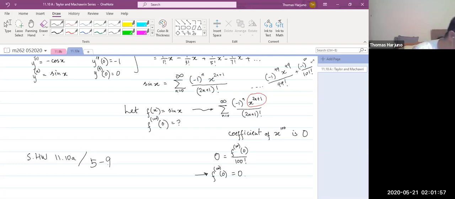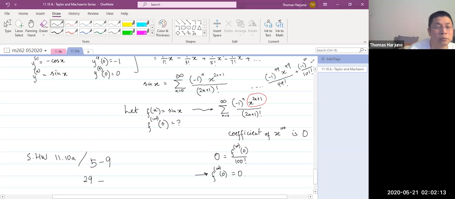Actually, if possible, go on with number 29. Number 29 is find the extension for the Maclaurin series of sine pi x. Yeah, basically you replace the x by pi x. That's basically what happened. Okay, so we do substitution again.